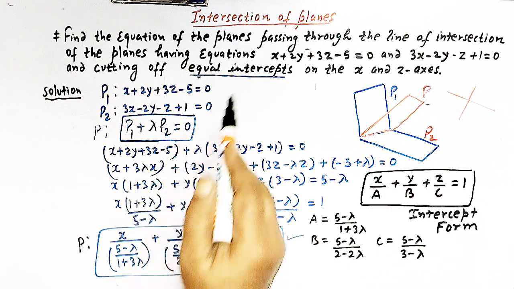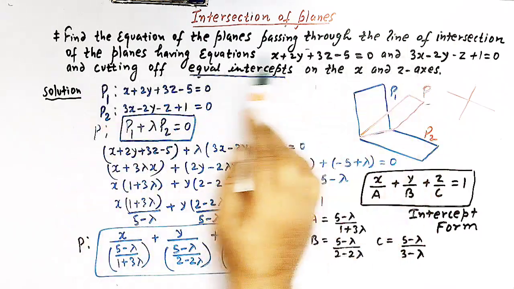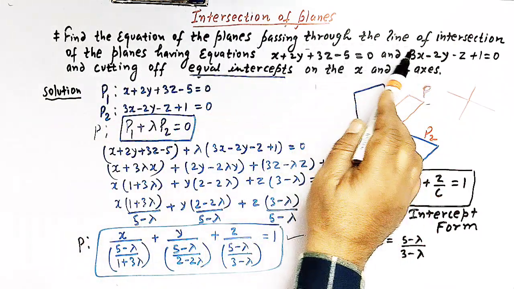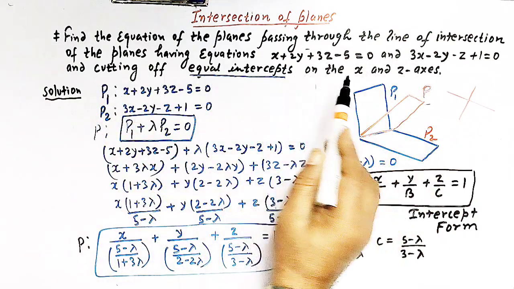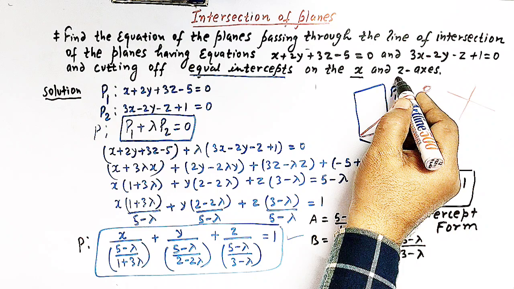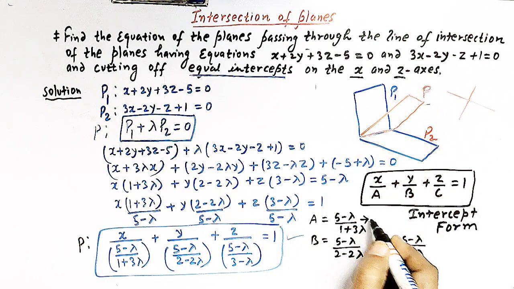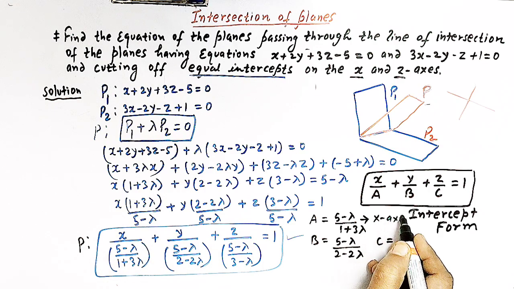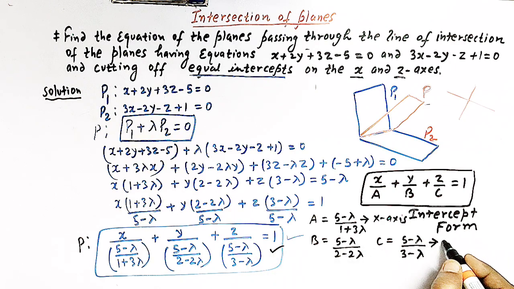Now in the given problem, we are given that the plane passes through the line of intersection of these two planes and cuts off equal intercepts on the x-axis and z-axis. So a is the length of the intercept cut by this plane P on the x-axis, and the length of the intercept cut by this plane P on the z-axis is given by c.